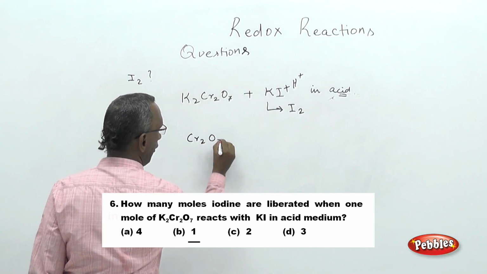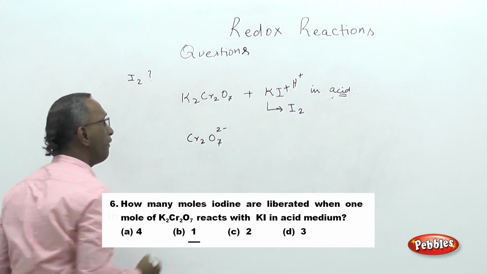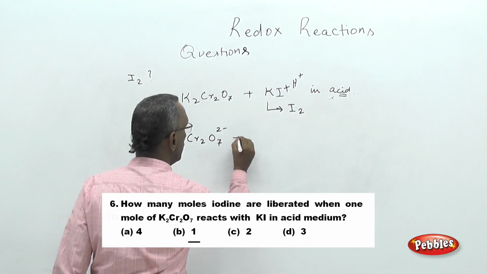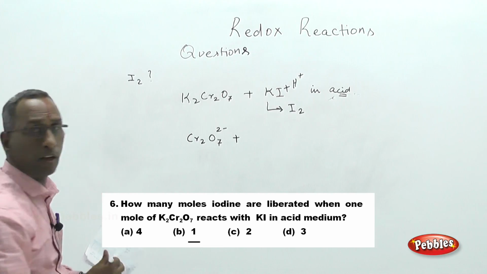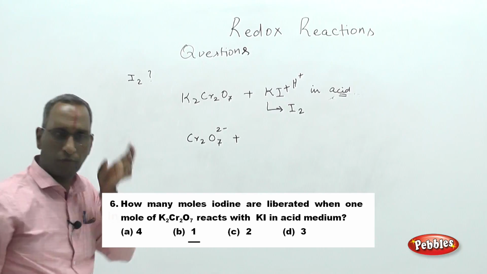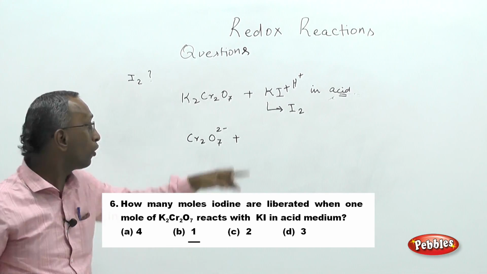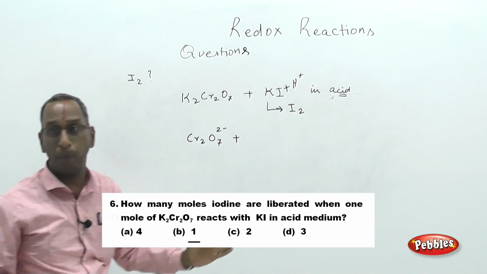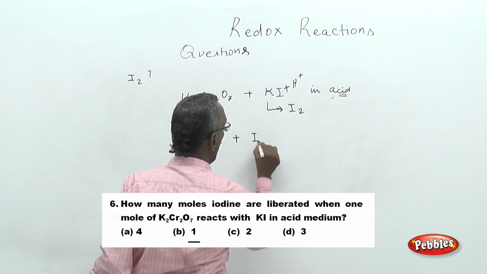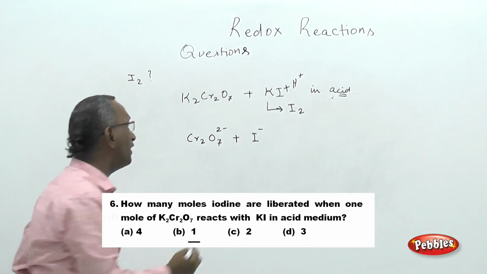Cr2O7 is a bivalent anion. KI, all inorganic compounds are generally ionic compounds; covalent character may increase depending upon size. So KI dissociates into K plus and I minus.